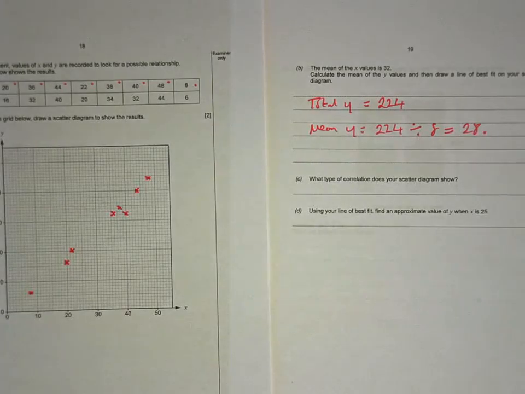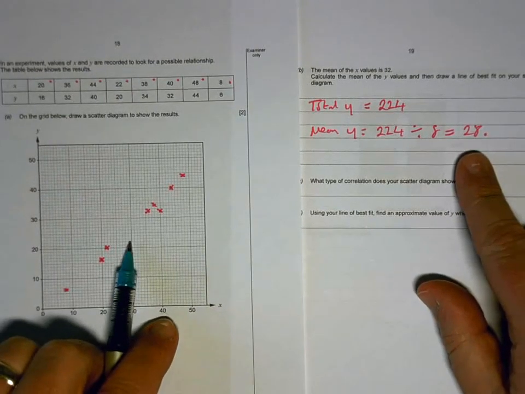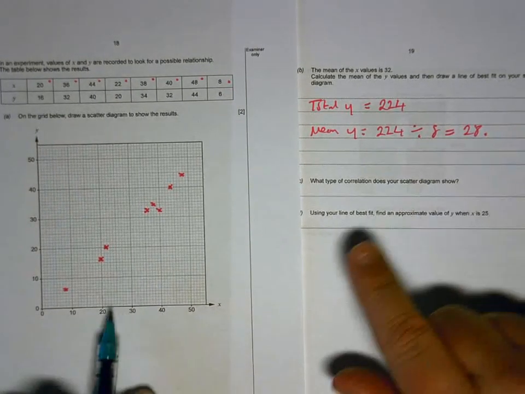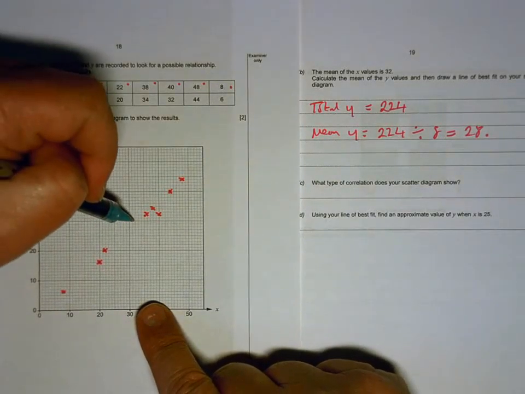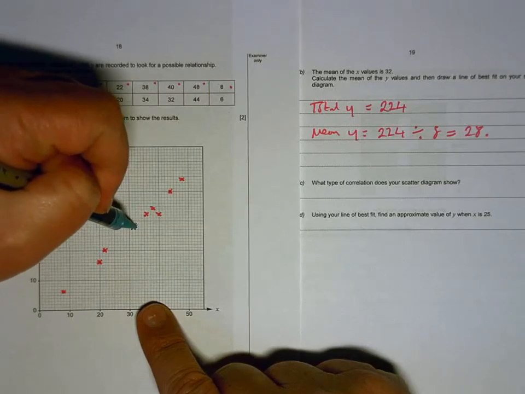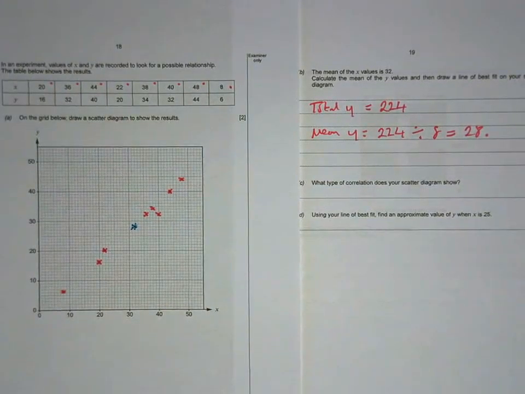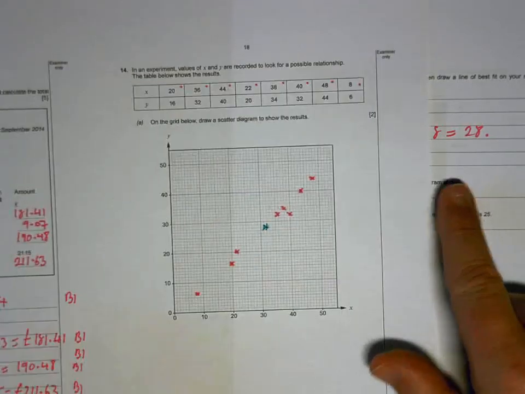Now, when you're given the mean point, you plot the mean point on your scatter graph. So we go across to 32 and up to 28. Try and make that point look different to the first ones you plotted. Then draw a line of best fit on your scatter diagram.